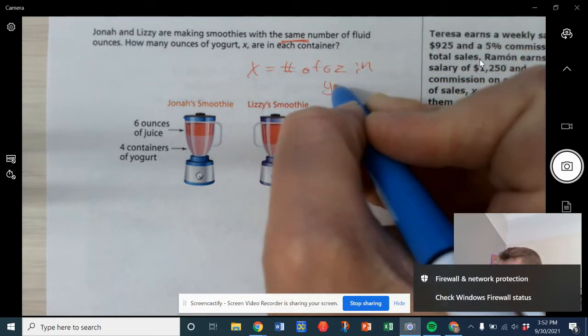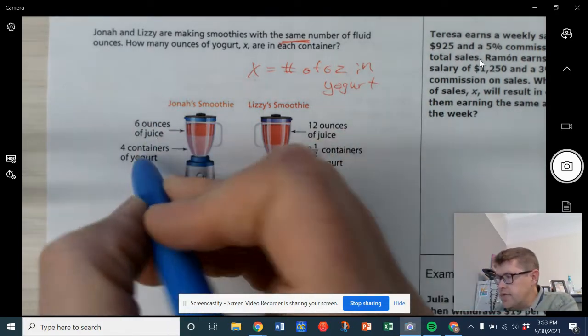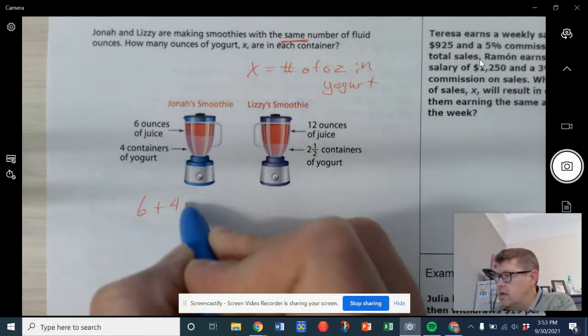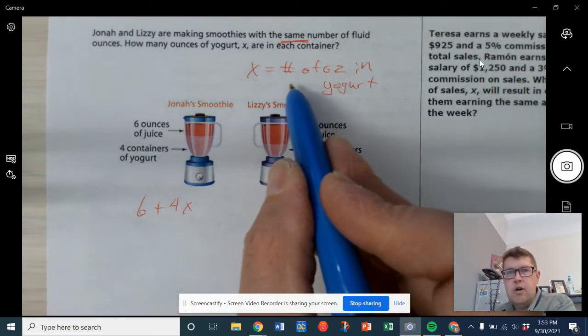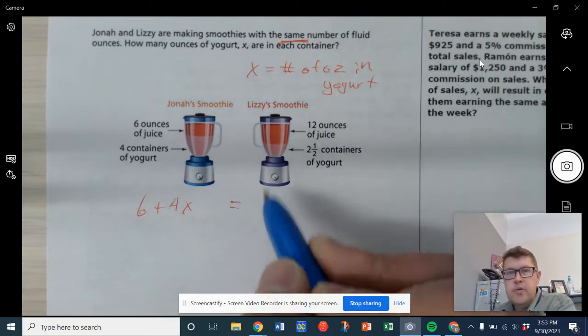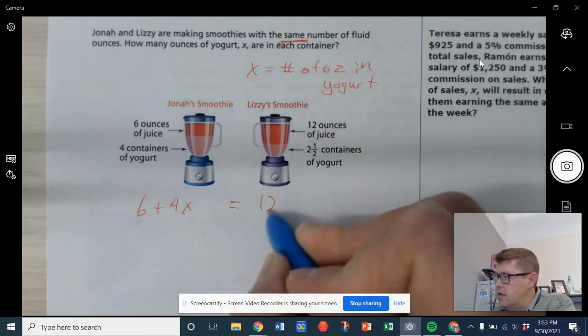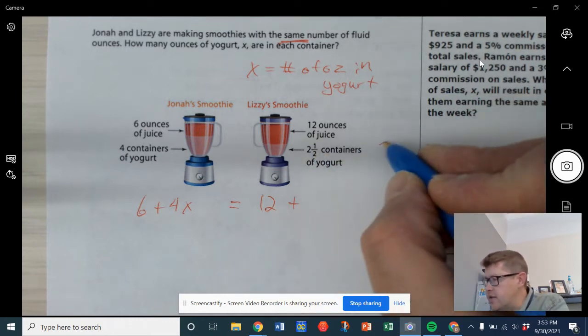So 6 plus 4x for Joan, because it's containers of yogurt times how many ounces is in it. Since it's the same amount in each smoothie, we can set it equal to 12 plus 2.5x.